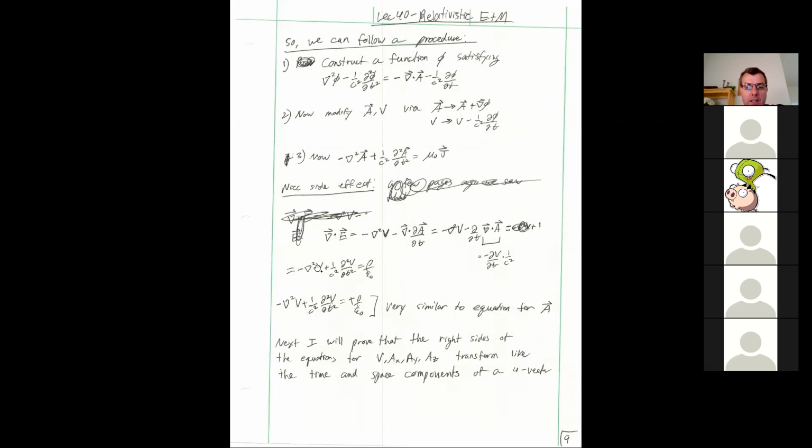And what I finally get is that the static potential, it's no longer static. The electric potential, let's just call it that and leave it at that. The electric potential, which we normally talked about in electrostatics, obeys a wave equation, and the source term is charge density.